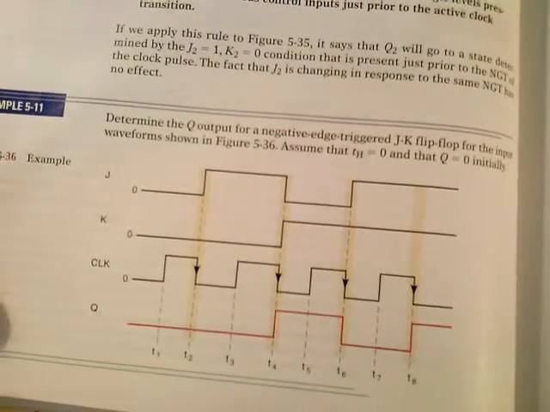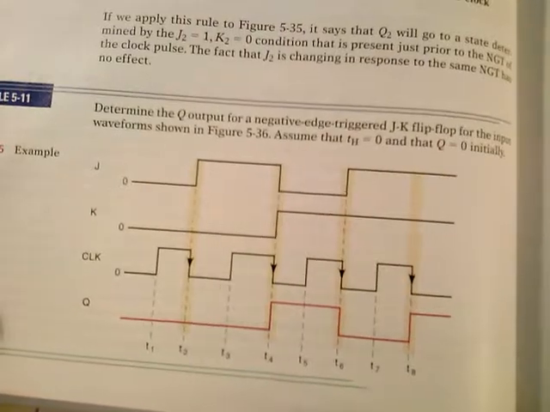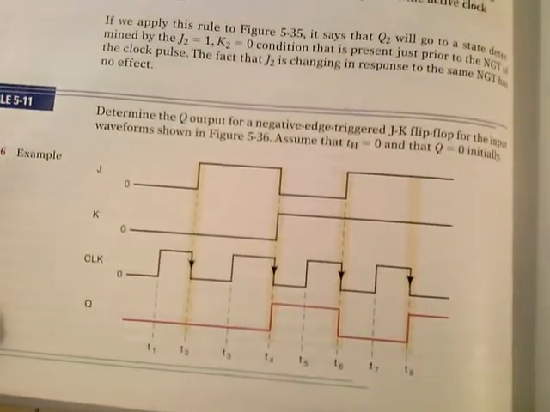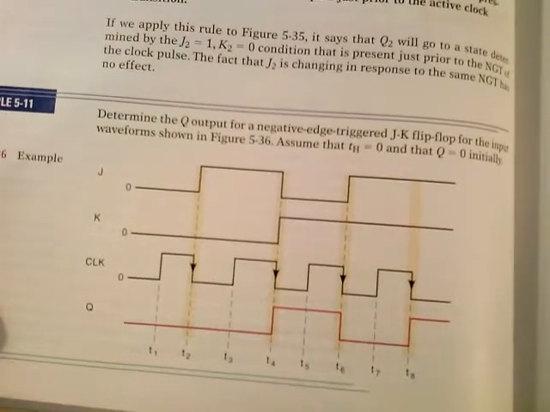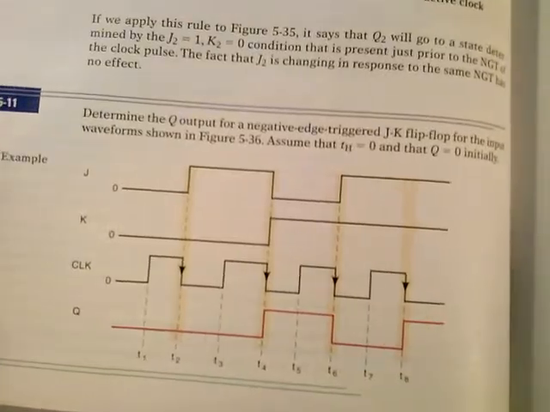I want you to see if you can reproduce that red waveform. At T4, T5, it's high, and at T6 it goes back to 0, and at T7 it stays at 0, and at T8 it goes back high again. Just make sure you're able to reproduce that waveform, understanding how the JK flip-flop works.